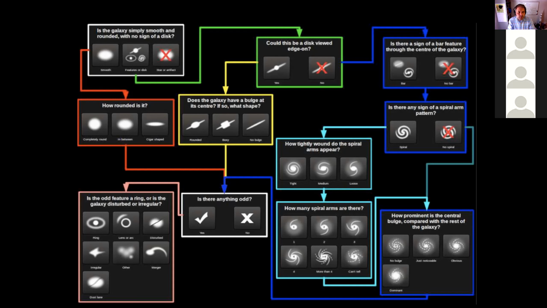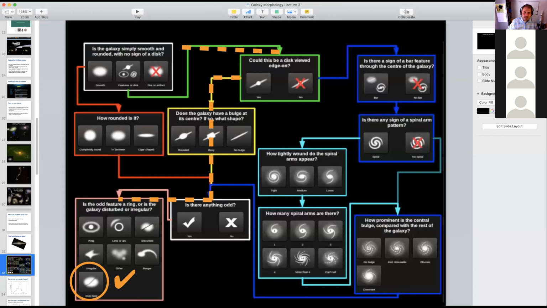As a result, you got much less votes for dust lane or merger or something like that, because, well, it's not odd for a galaxy to have a dust lane, especially not edge on. So it's like, oh, that's not odd. Okay, keep going. That's a question we came to regret later. But it's interesting to see how important phrasing is, and how important it is to test this stuff with many people, not just the 3 people in your group.